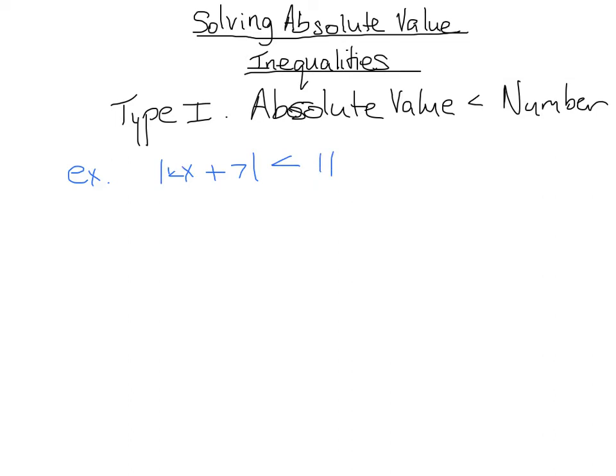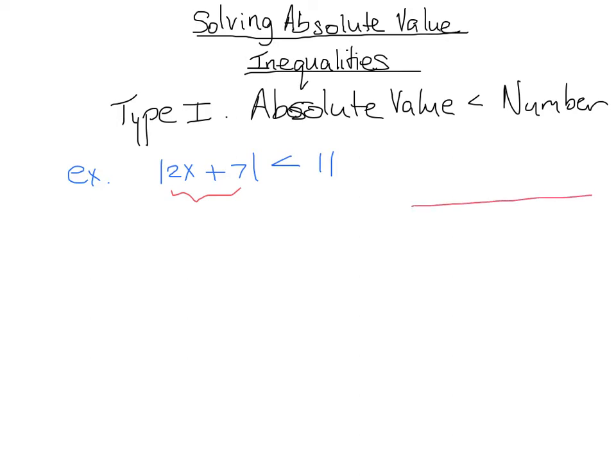So let me make sure that you can see this clearly. All right, so again, 2x plus 7 is less than 11. That just means that the distance of 2x plus 7 from 0 on the number line has to be less than 11.